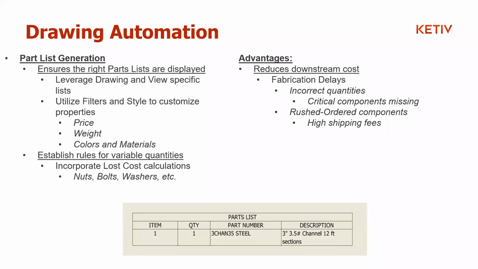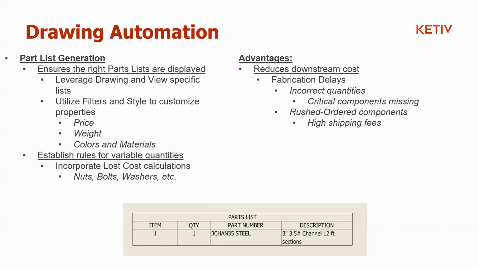When we don't send enough materials, we usually have to overnight parts, which adds cost. And here at KETIV, whenever we work on an automation project, we're trying to figure out the most effective way, and the most cost saving that we can present to the customer.